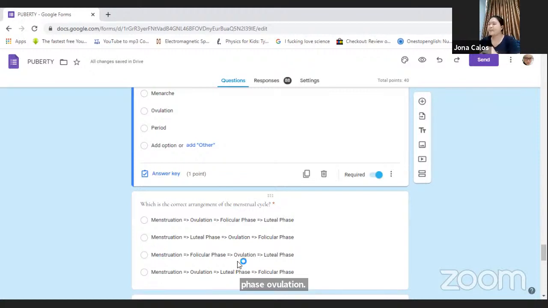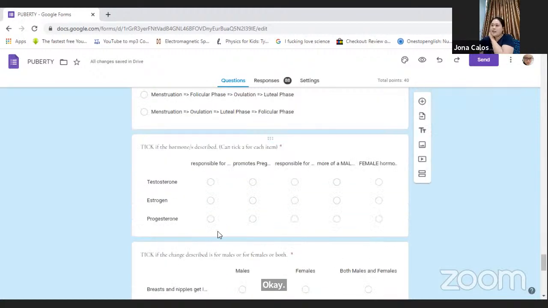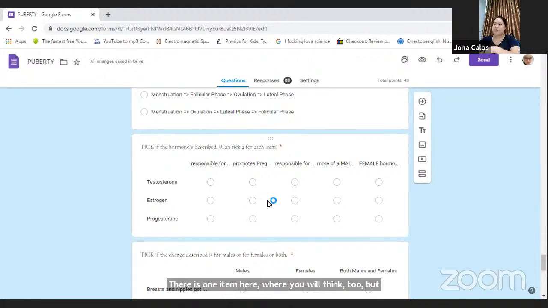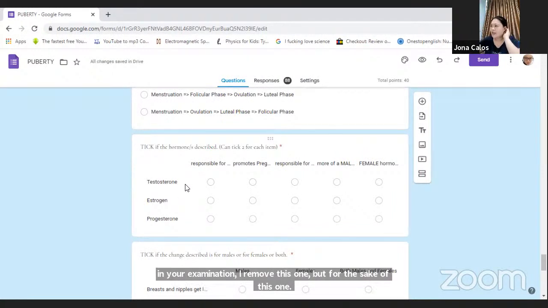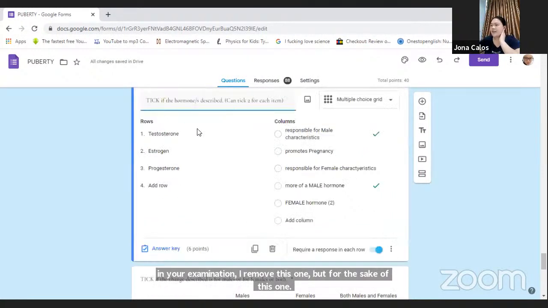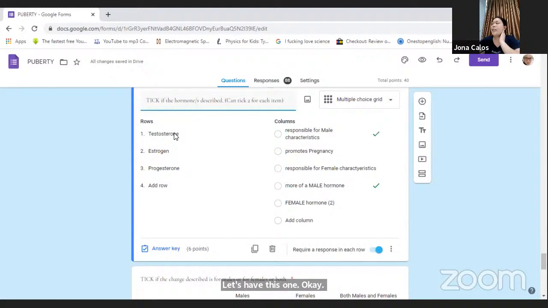Okay. So for this one, there is one item here where you will take 2. But in your examination, I removed this one. But for the sake of this one, let's have this one. Okay. Here. So testosterone is responsible for male characteristics.